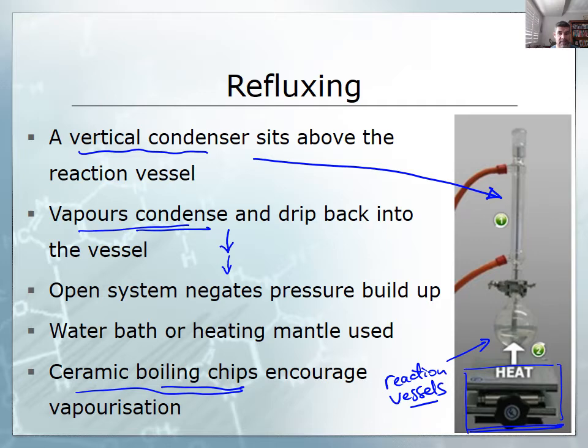Often you will get some vaporization, some bubbling occurring on those marble chips, and the fact that they bounce around allows them to continue to stir through that mixture. This heating mantle can also be replaced by a water bath, so we could use a Bunsen burner, a tripod, a gauze mat, and a large beaker, and then submerge our reaction vessel into the beaker so that it sits there being warmed in a more controlled manner.